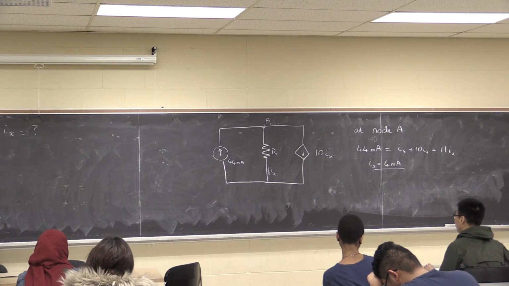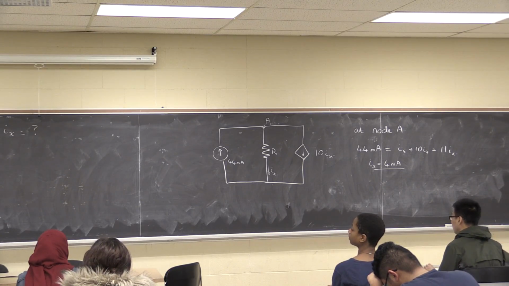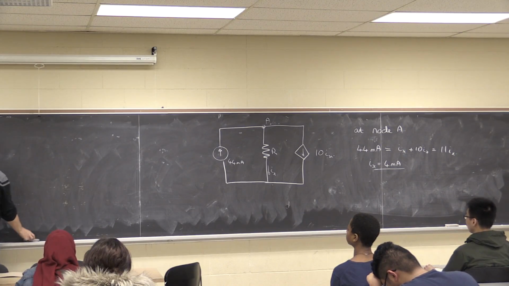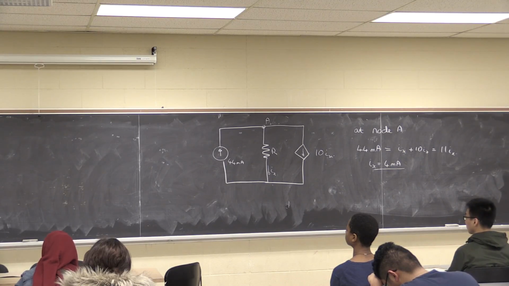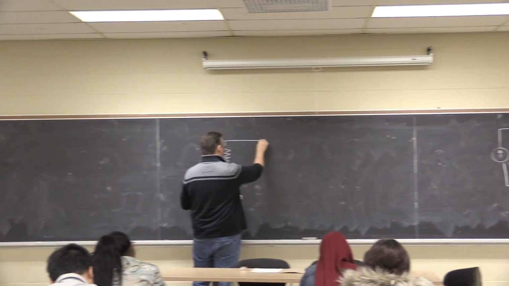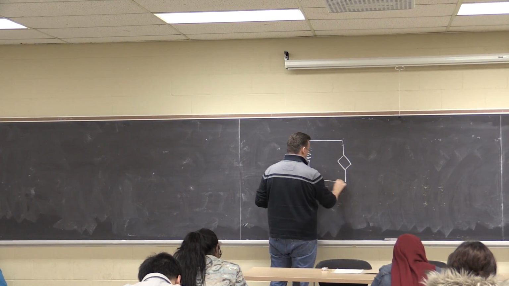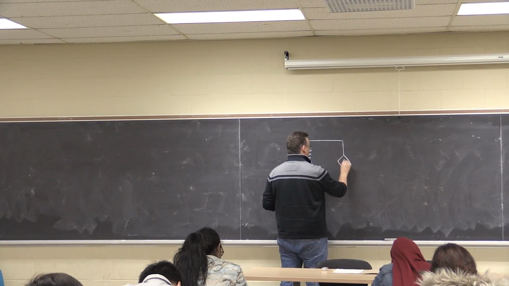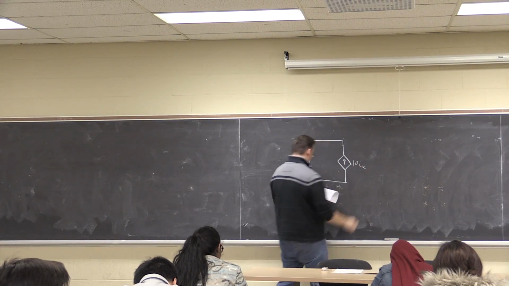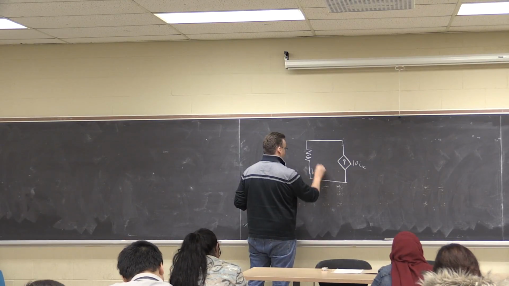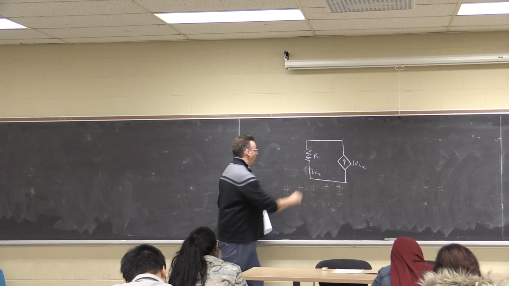So let's look at one more along the same idea. Slightly more complicated circuit. This time we're going to have 4 different elements. We're going to have a resistor, another dependent source generating again 10 Ix. Ix this time is defined by the current through this resistor, called R1.